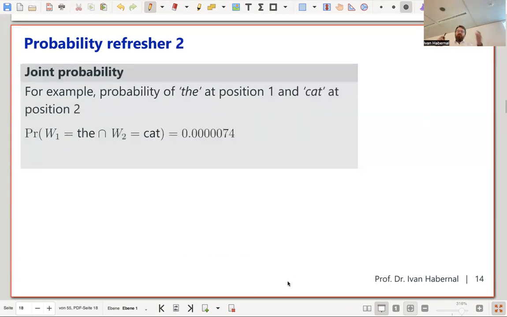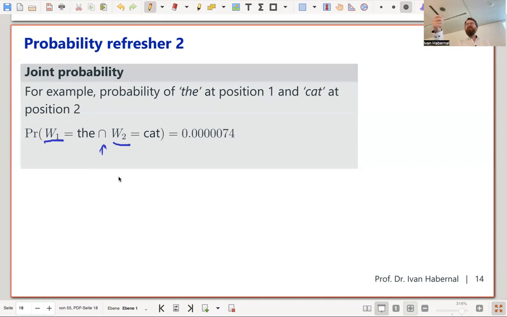Then we have this thing called joint probability. Let's have two variables: the probability of the word "the" at position 1 and the probability of "cat" at position 2. What is this symbol? Anyone remember this symbol from mathematics?